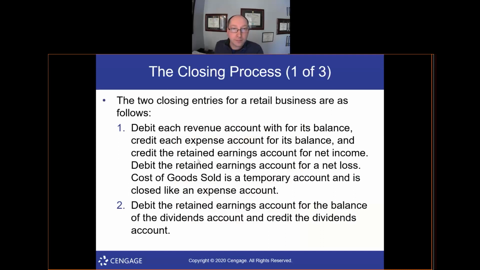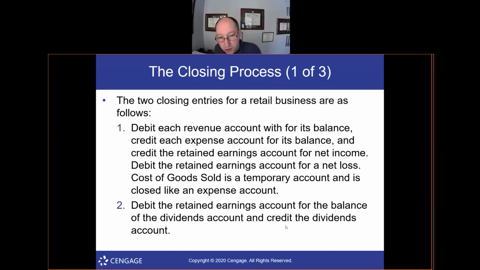For a retailer, we talked about the closing process when we talked about the accounting cycle, I think maybe last week or the week before. In the closing process, we debit the revenue accounts and we credit the expense accounts to close them out. Because remember, at the end of every single month, we got to close out our accounts.